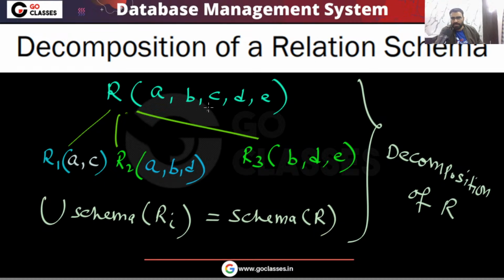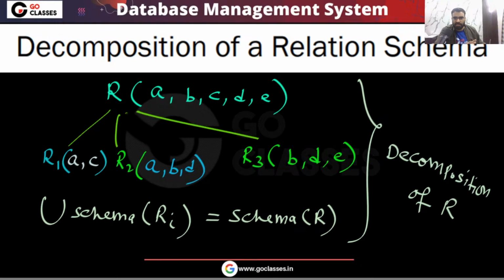If there is an attribute which is not preserved, for example, let's assume this attribute E is not preserved, and in these sub-relations we don't have attribute E, then we will not call it decomposition. The definition includes this attribute preservation property.